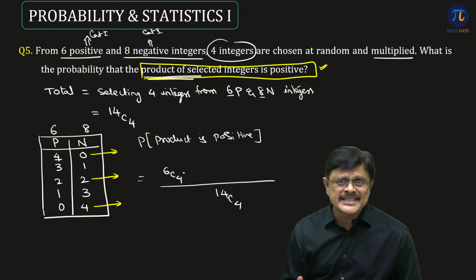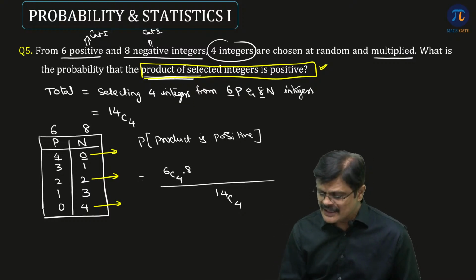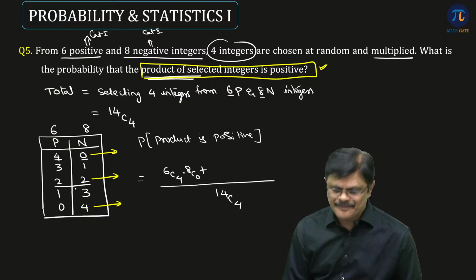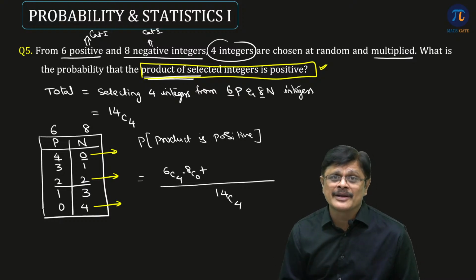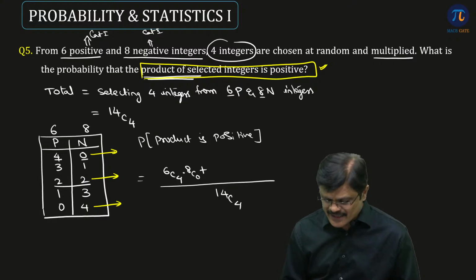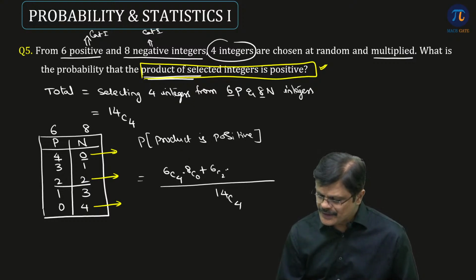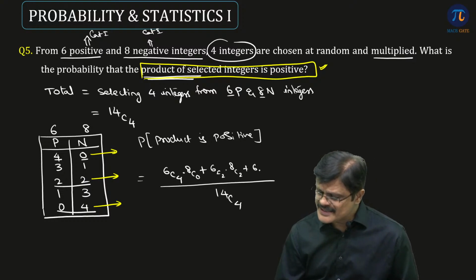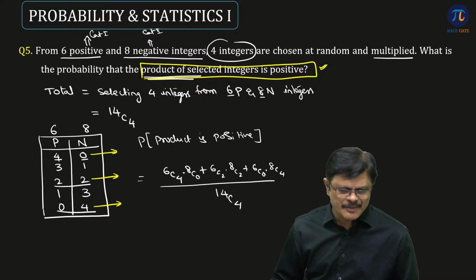For each of the 6C4 ways, how can you select 0 negative numbers from 8 negative numbers? That can be done in 8C0 ways. For the next case, the possibilities are 6C2 into 8C2. And for the last case, 6C0 into 8C4. So that is the situation, my dear friends.